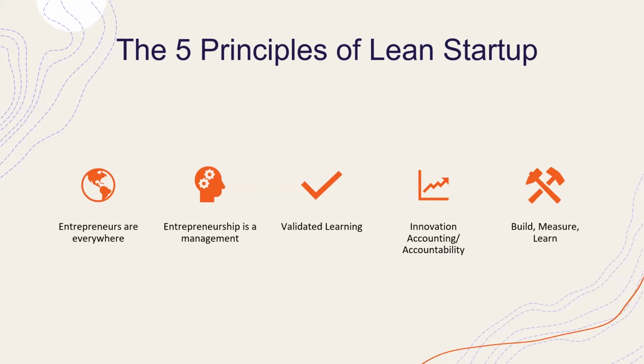You don't get to just go off the rails. You always have to come back to that business model canvas and assess whether or not the problem that you're solving, whether or not you're still on track, whether or not you're still solving that problem.